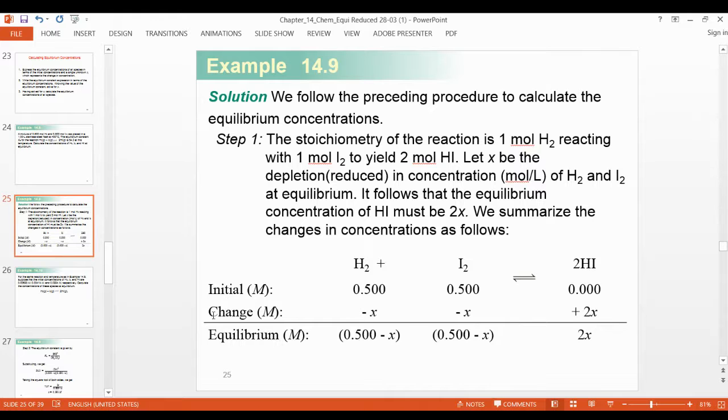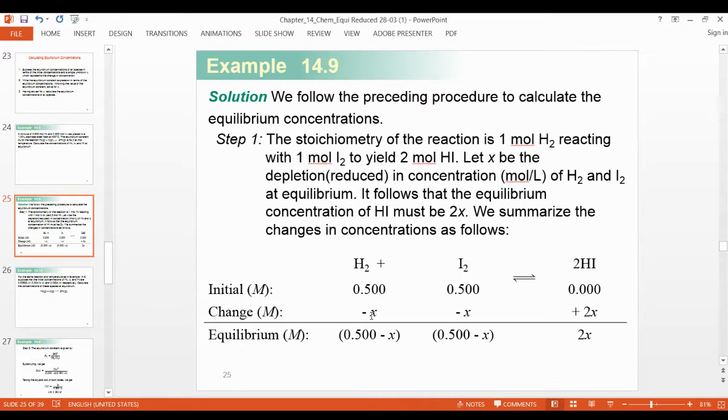ICE table means initial, change, and equilibrium. Initial is all given: 0.5 H2, 0.5 I2, and 2HI is the product. Initially the reaction has not yet started, so you will get 0 product. Then how much change?